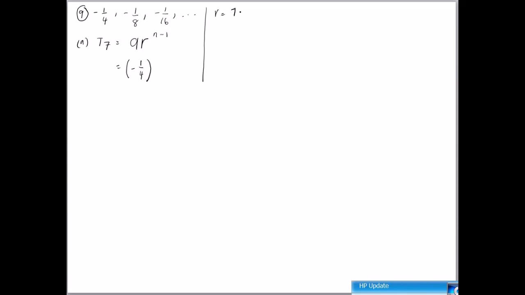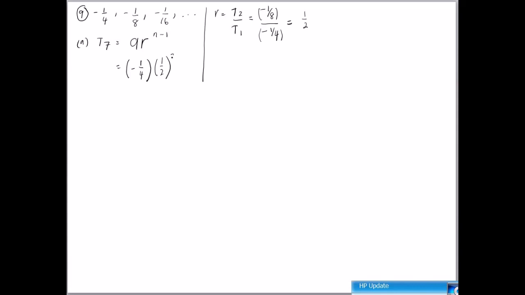Okay, R is T2 divided by T1. Our T2 is -1 over 8 divided by T1, -1 over 4. Use calculator. It's best if you put all the fractions in brackets to avoid mistakes. If you calculate correctly, you should get R equals 1 over 2.